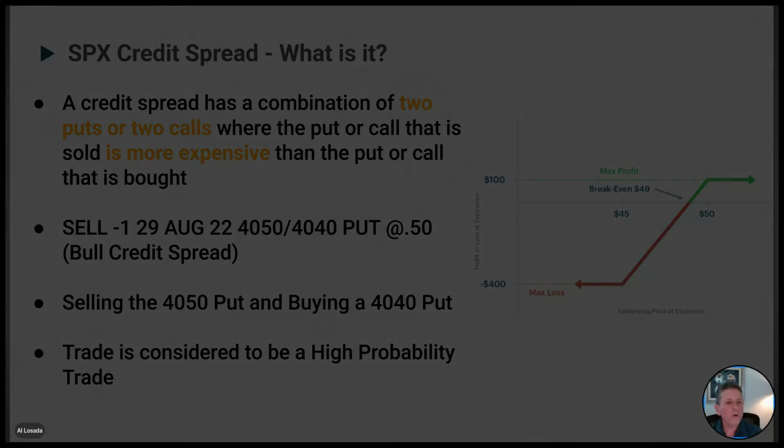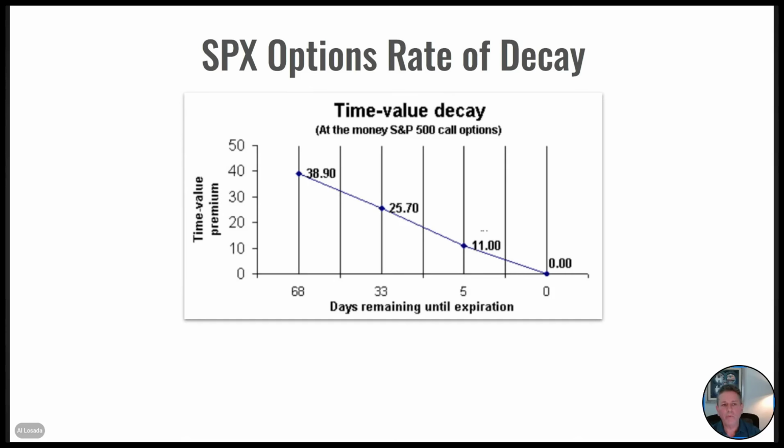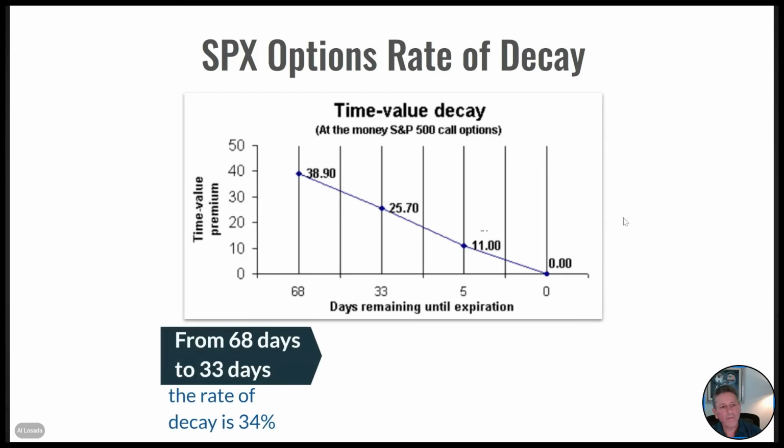SPX options have a rate of decay. They're always decaying. Options in general always decay as their life span gets shorter. This is a template of what happens to these options. From 68 days to 33 days, the rate of decay is 34%.